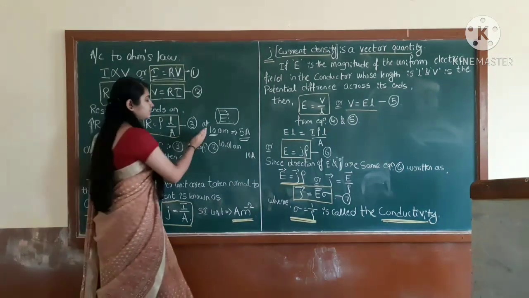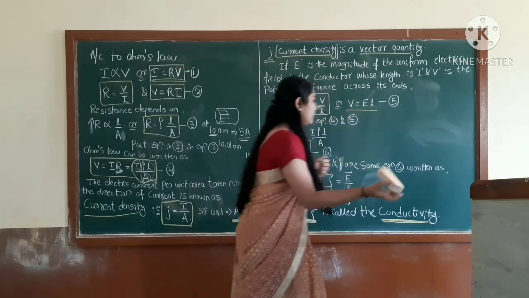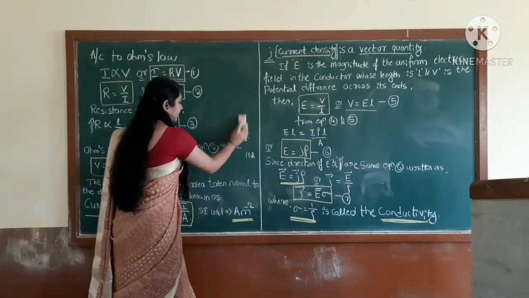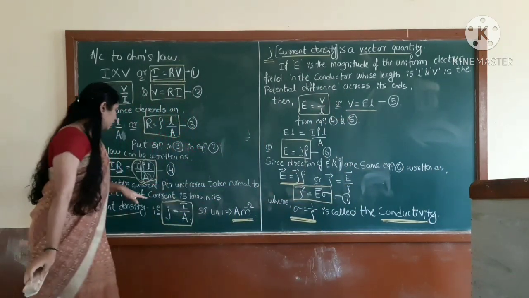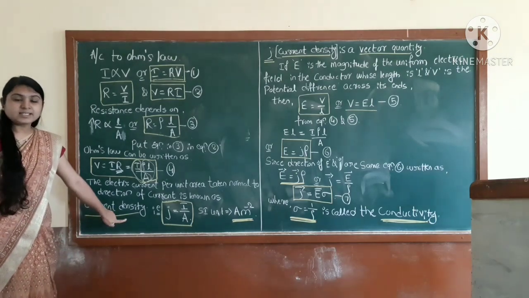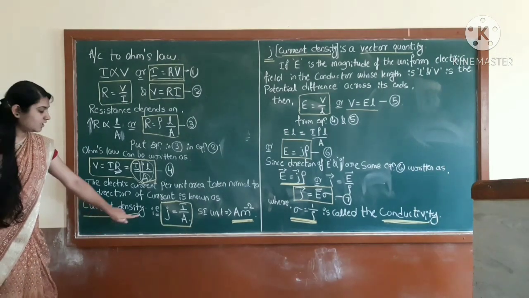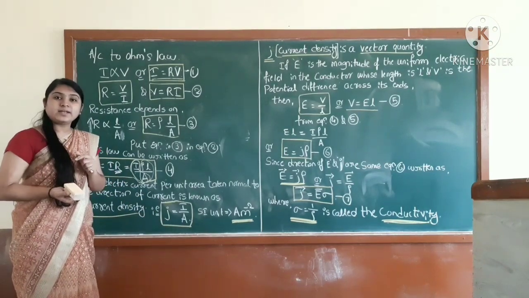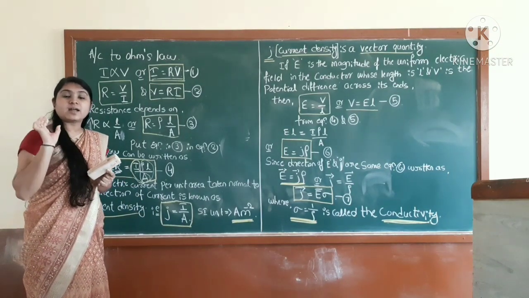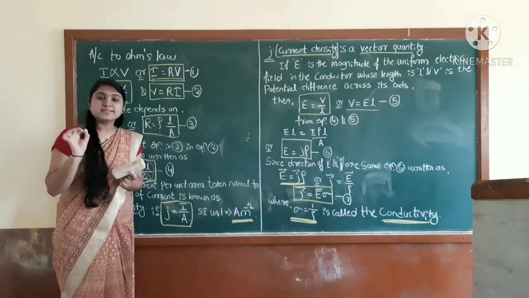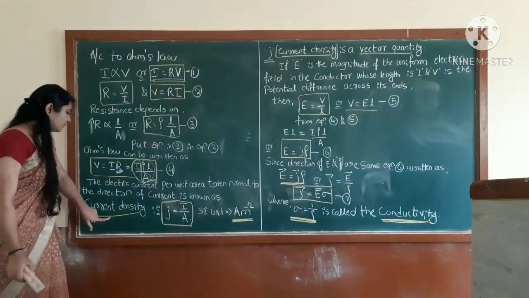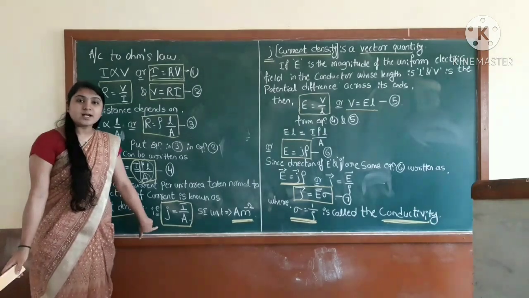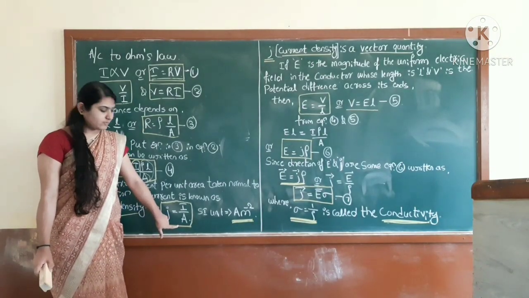Understood? So here we constitute the current density, correct? This current density we can denote with the letter J. See, how the electric current we denote with the capital letter I, similarly the current density we denote with the letter J, right?